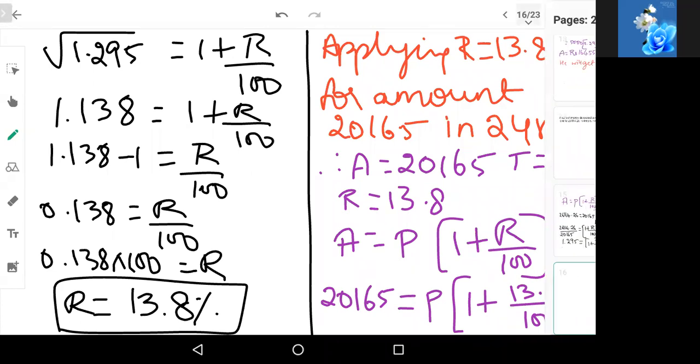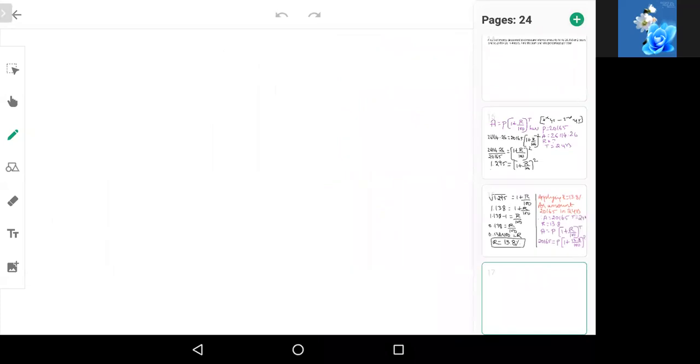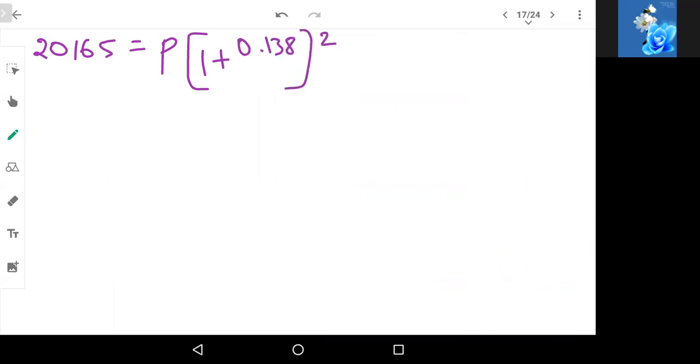So 20,165 is equal to P into 1 plus 13.8 is 0.138 to the power 2 years.